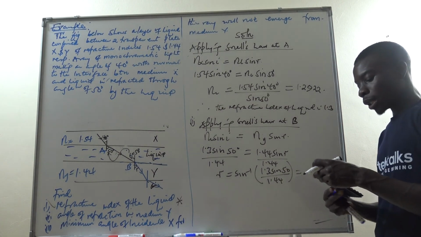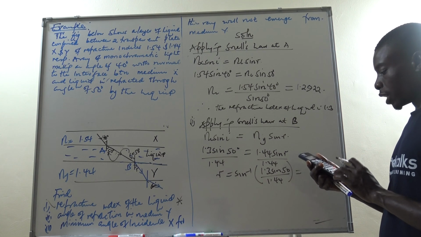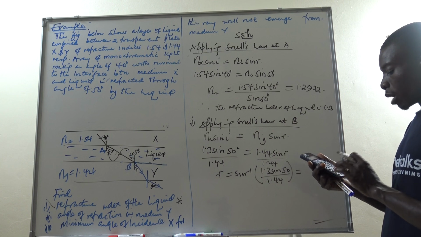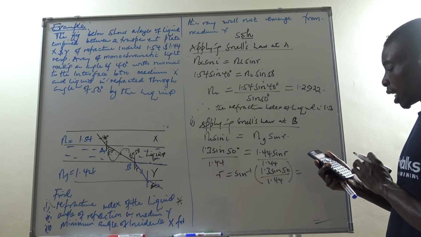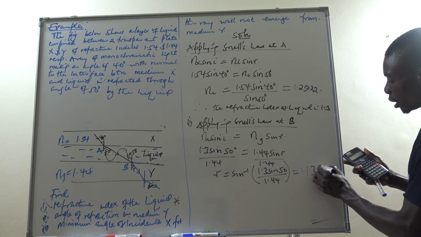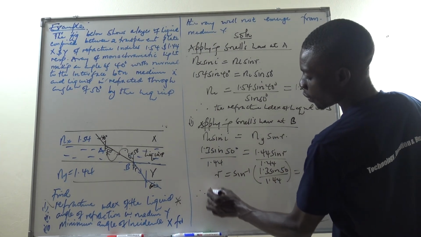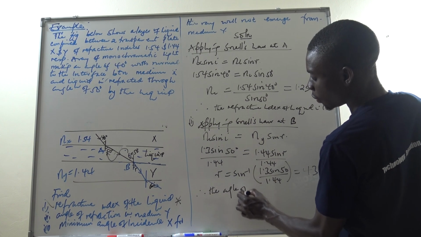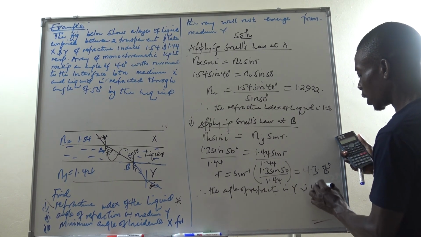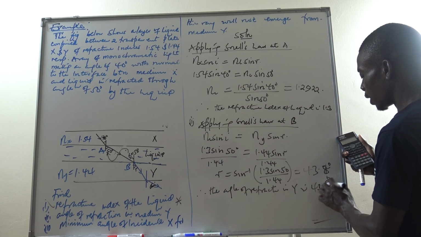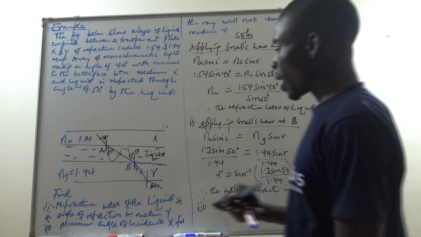Please make sure that the calculator is not in radian. 1.3 times sine of 50 divided by 1.44, and then shift sine inverse of the answer. That is 43.7 degrees or 43.8. So say therefore the angle of refraction in Y is 43.8 degrees.